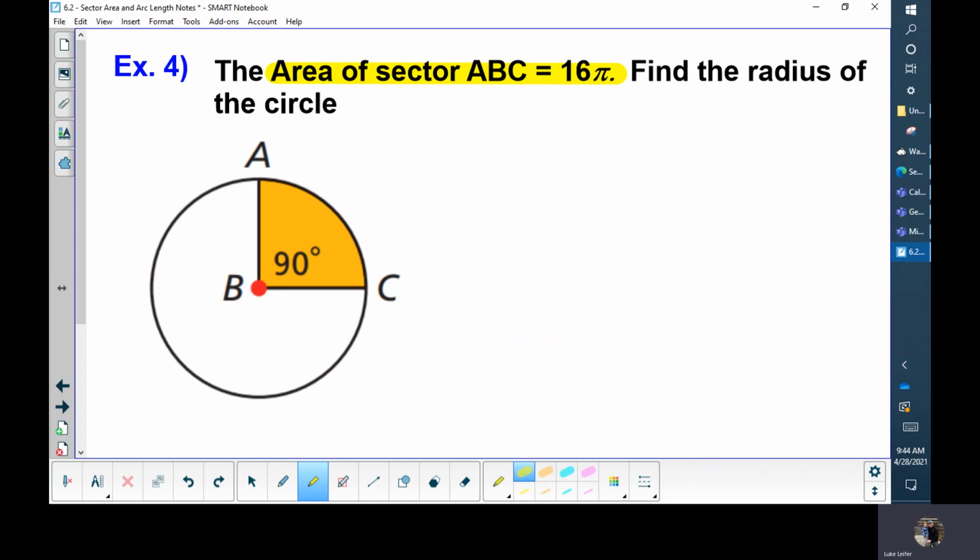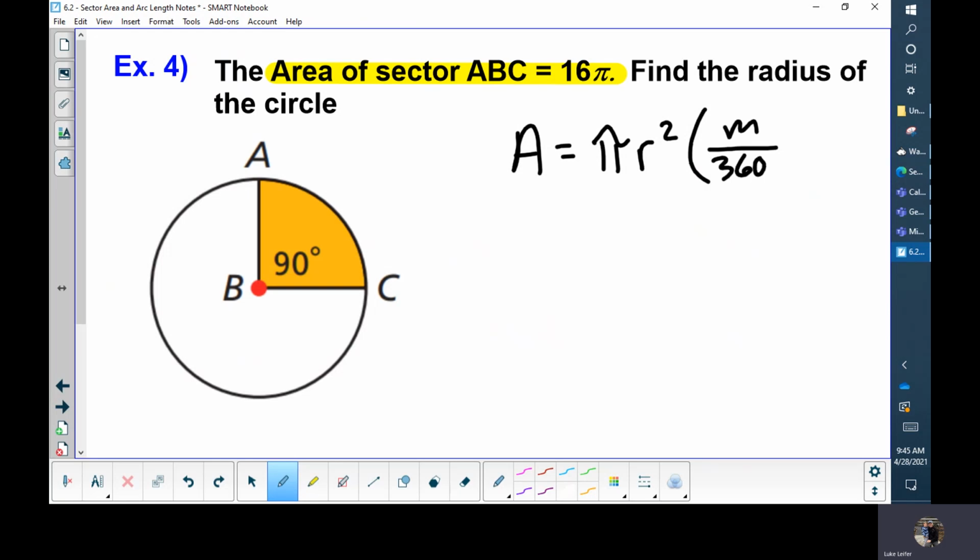So while you draw your picture, I am going to write the formula again. So big A, area of the sector, equals pi r squared times m over 360.